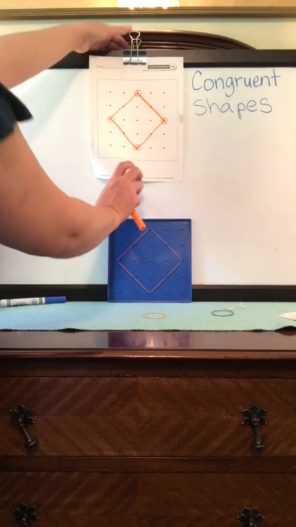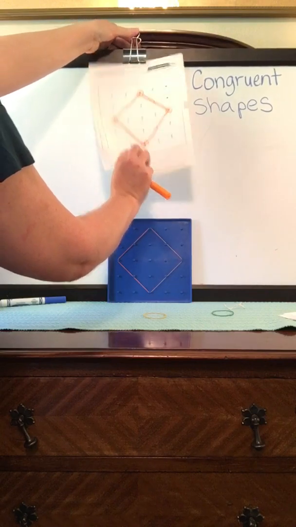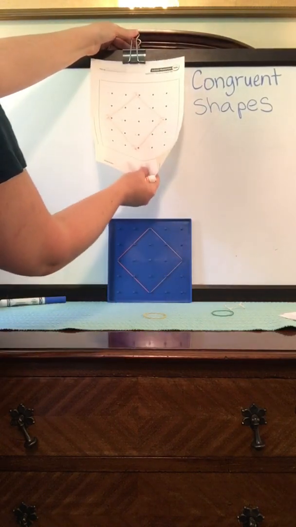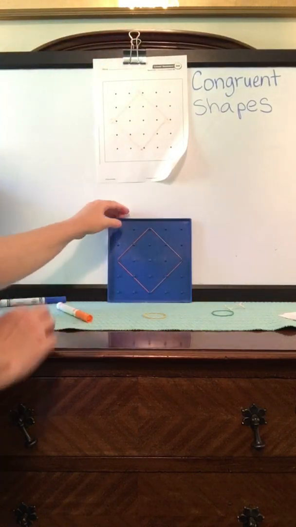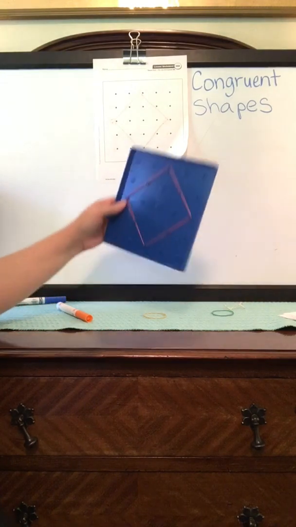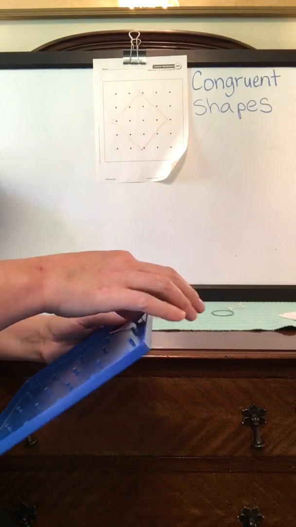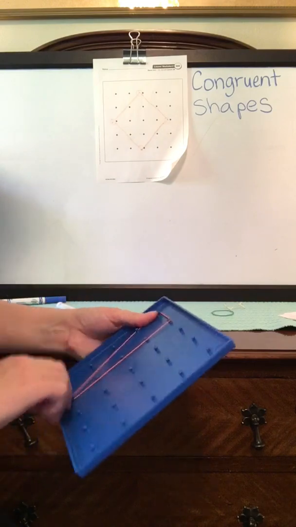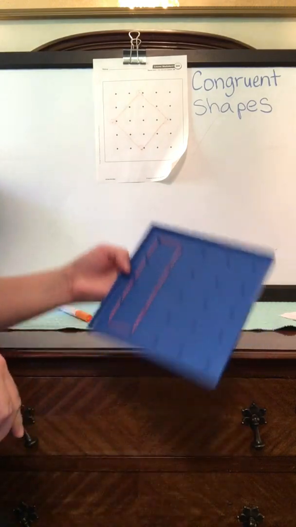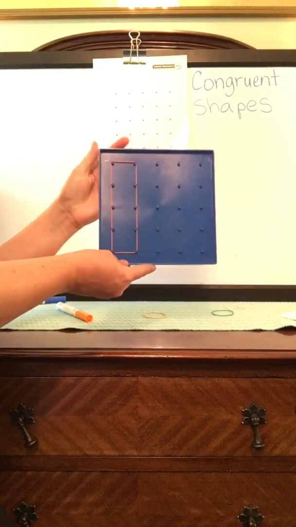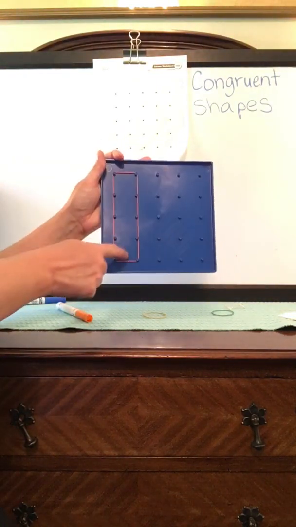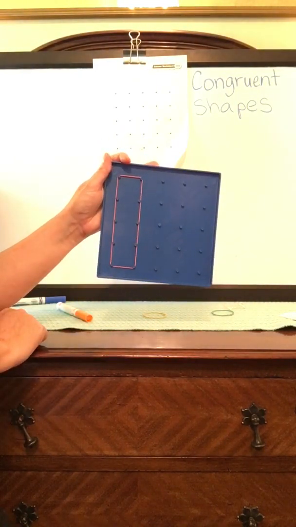All right, boys and girls, you have one more page on the back. You don't have a geoboard at home, so I'm just going to make some shapes, and you can choose if you want to do one of my shapes. Here is a skinny rectangle.